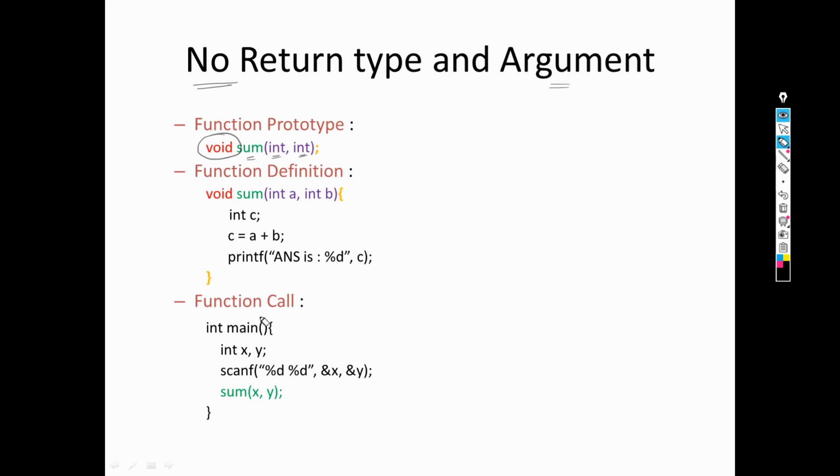Now you see in the main function, since to call this sum function we need to pass two arguments, the main function has declared two variables and has taken the values of x and y from the user. So let's recall what we need to do. First task is to scan the values. Second task is to print the answer.